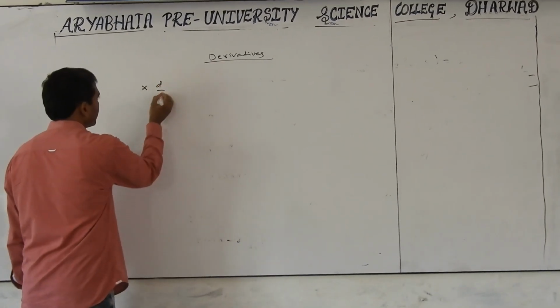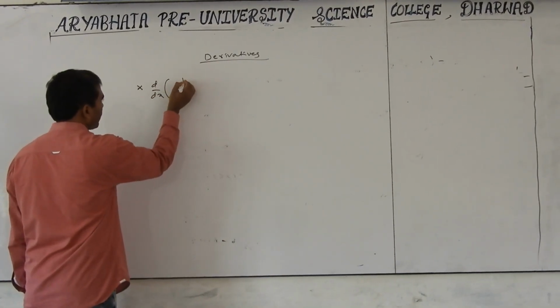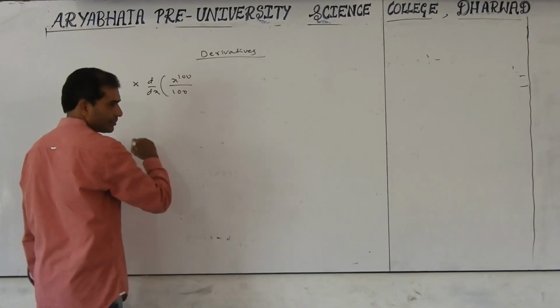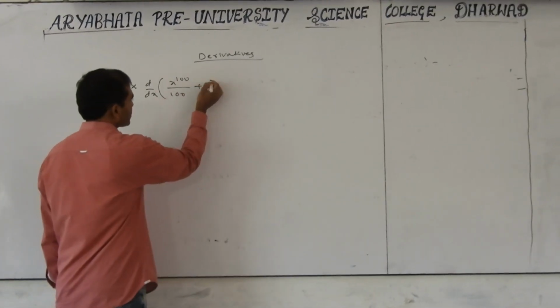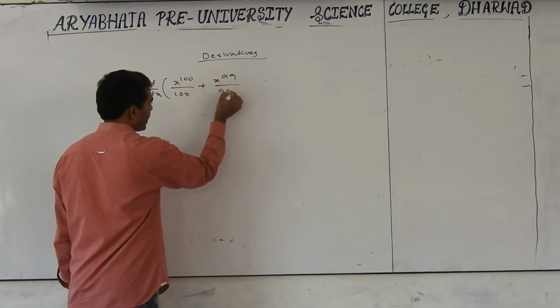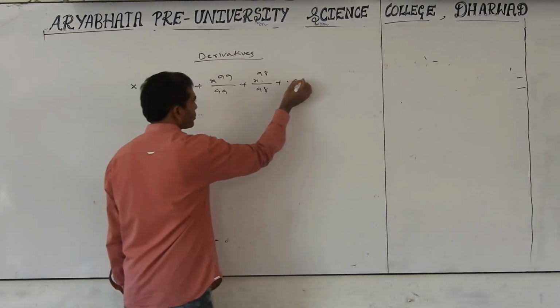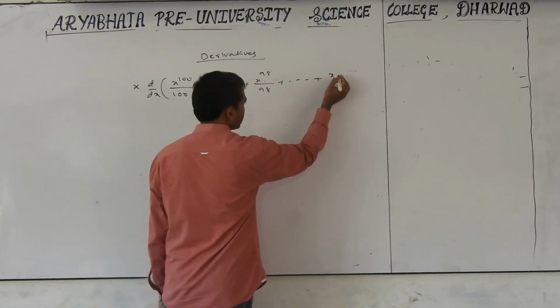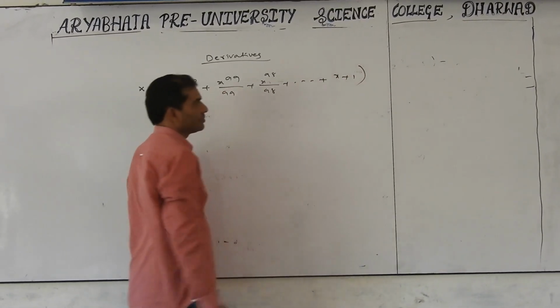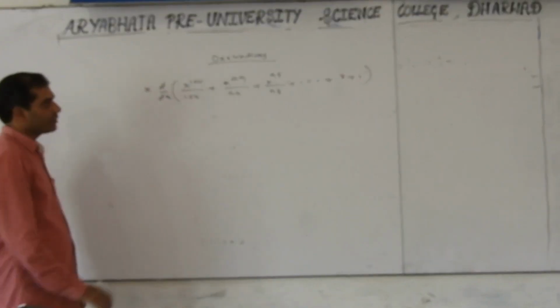Next question. d by dx of x power 100 by 100 plus x power 99 by 99 plus x power 98 by 98 plus so on, plus x plus 1. Okay.